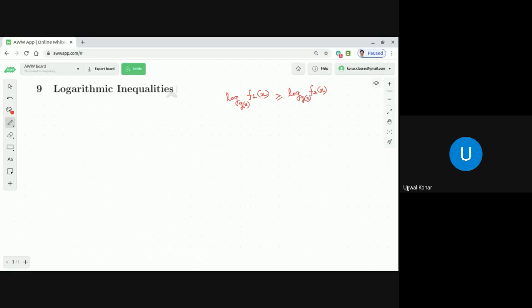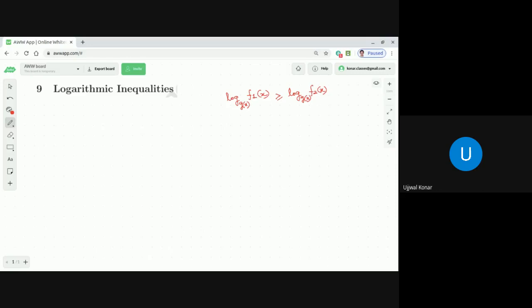Now the point is that if this kind of inequation is there, then what will be our target? To find the solution, that is, the set of values of x satisfying this inequation.